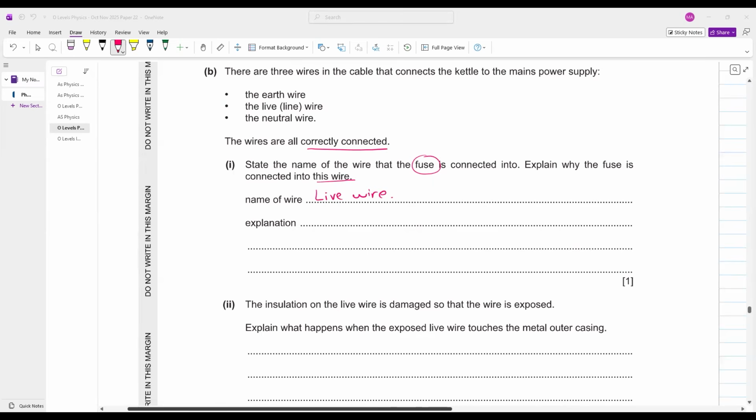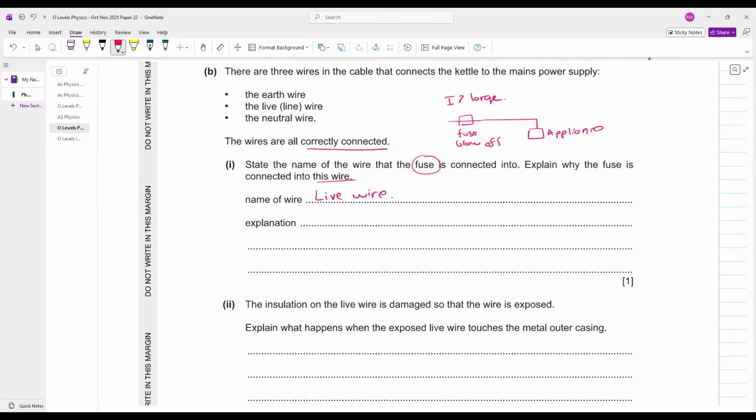देखो हम फ्यूज को लाइव वायर में क्यों कनेक्ट करते हैं बेटा? लेट सपोज दिस इज योर अप्लायंस. इफ द करंट गेट्स एक्सट्रीमली लार्ज, बेटा अगर करंट एक्सट्रीमली लार्ज हो जाएगा तो फ्यूज ब्लो ऑफ कर जाएगा विदाउट रीचिंग द अप्लायंस.